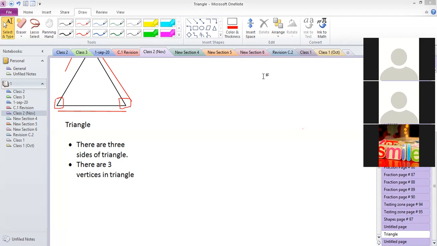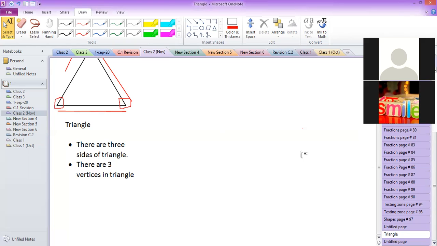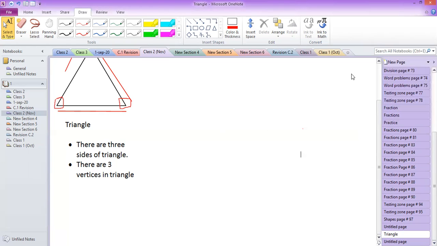All right, guys. Now we are going to learn one more shape, and that is the circle.